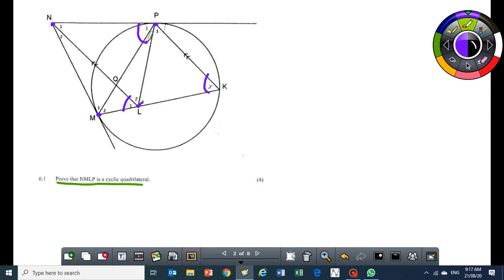So once I prove that angle P1 is equal to L1, then I can say NMLP is a cyclic quadrilateral because of converse angles in the same segment. So that's how I'm going to do it.